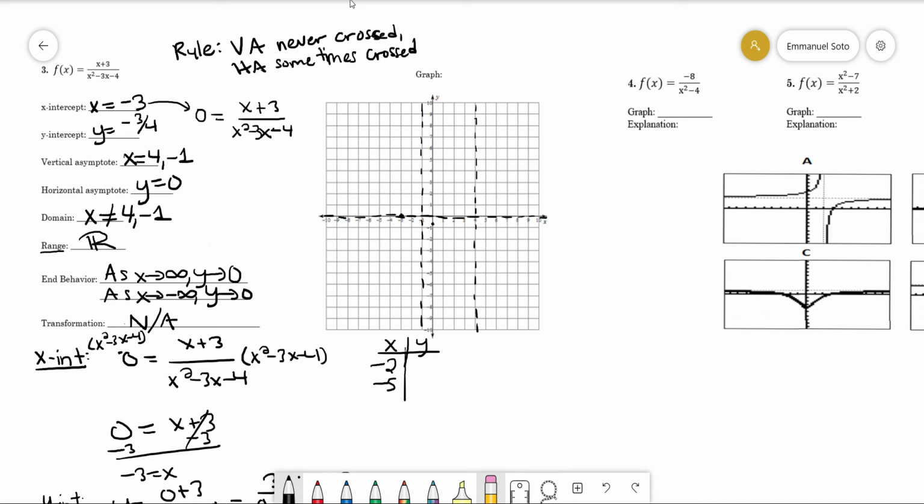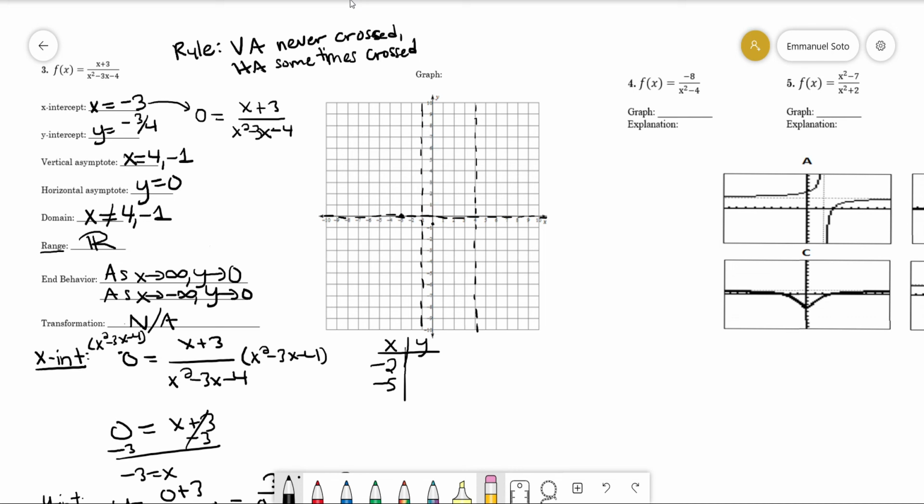And then I'm going to do some points here. In the middle, we need to know if this behaves like this, or if it behaves like this, or if it behaves like that.